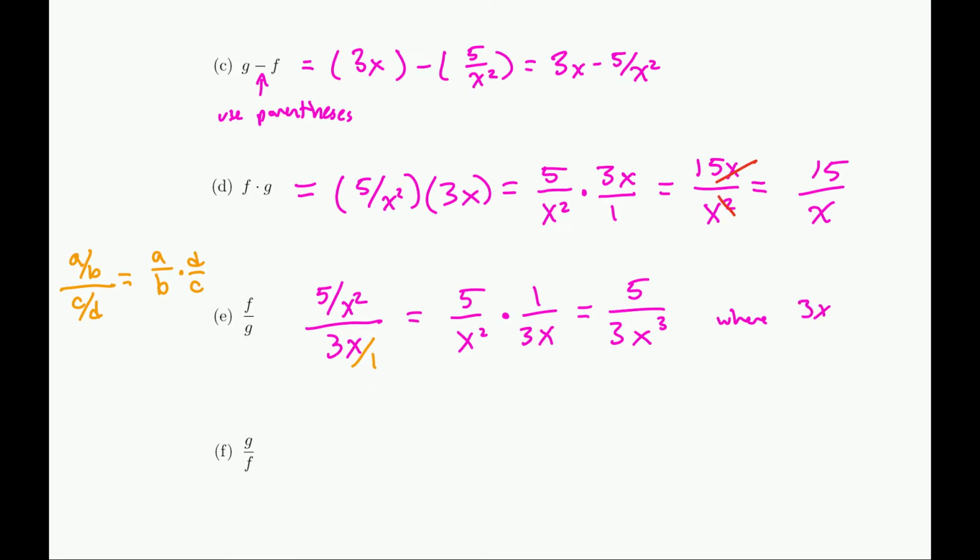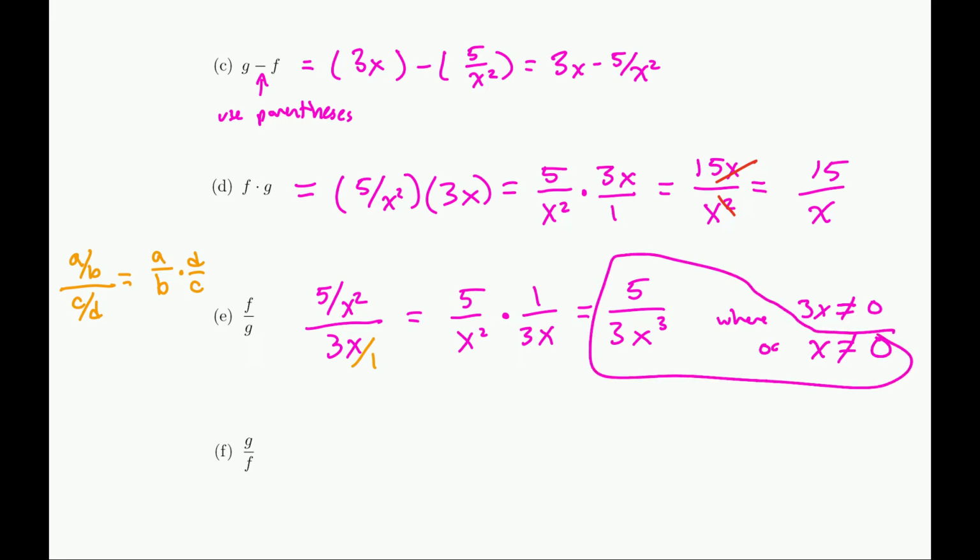So 3x is not equal to 0, but of course that means if 3x is not 0, x can't be 0. And that's probably the version you would want. Okay, so there we go.